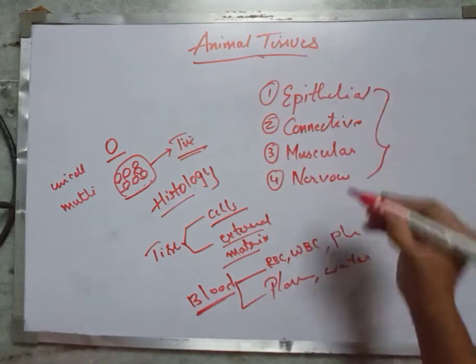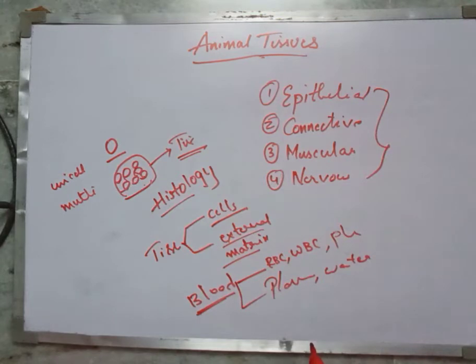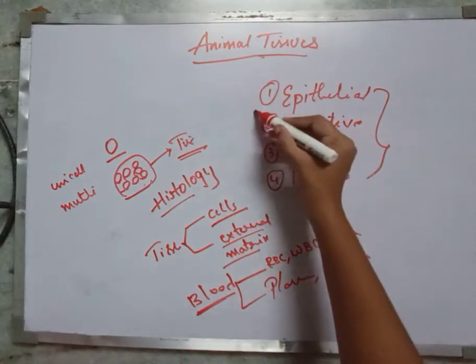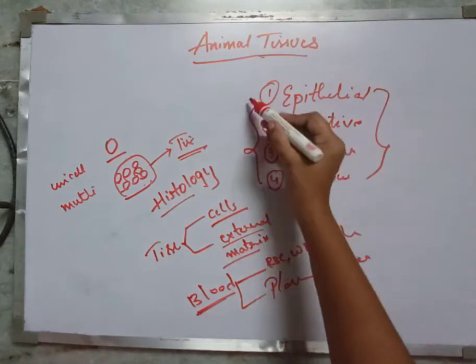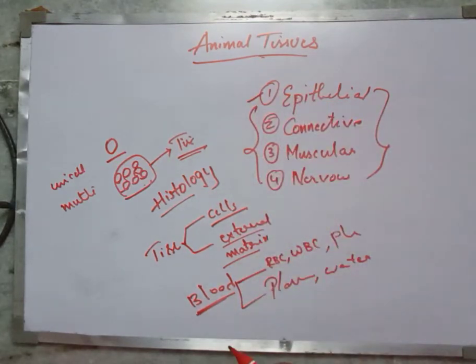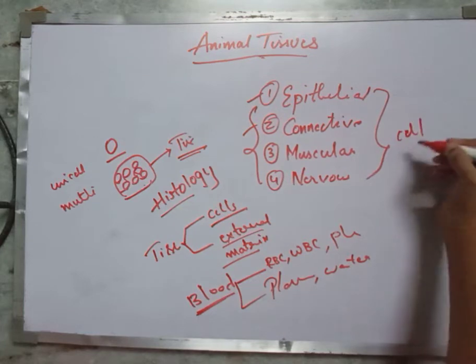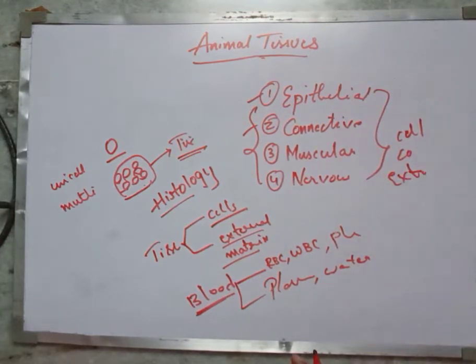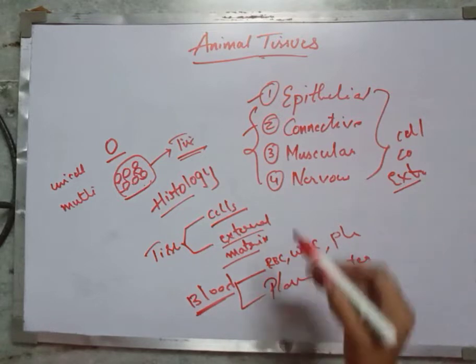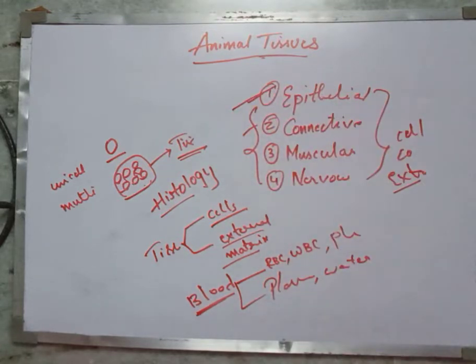These 4 tissues differ in the cells and the external matrix. Cells in epithelial tissue are different, and cells in connective tissue are different. So these 4 tissues differ by cell composition and external matrix composition. In today's video we are going to discuss epithelial tissue.